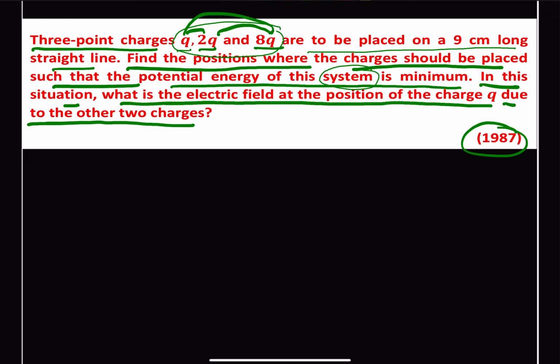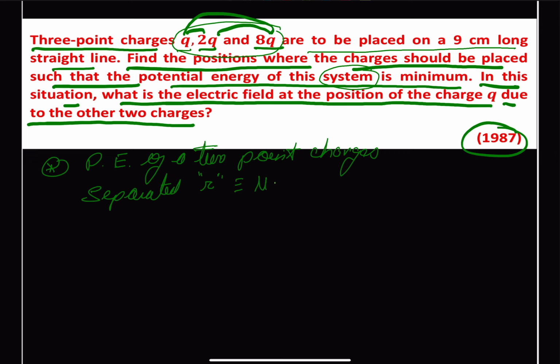So we start from there only. So we say that potential energy of 2 point charges separated by R is given as U is equal to 1 upon 4 pi epsilon naught Q1 Q2 divided by R. 2 point charges here are Q1 and Q2.